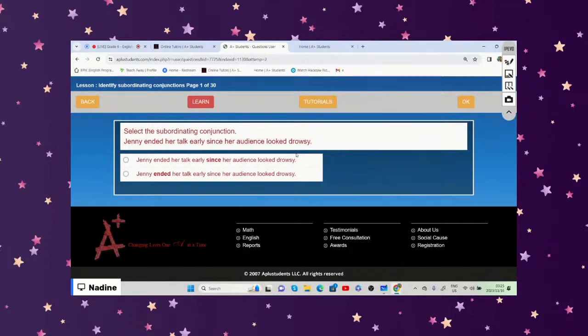Is our subordinating conjunction since, which is in the first option, or is the conjunction ended? Is it since within the sentence or ended?